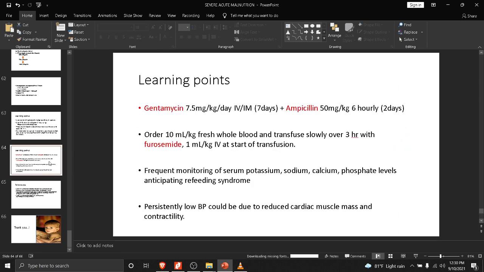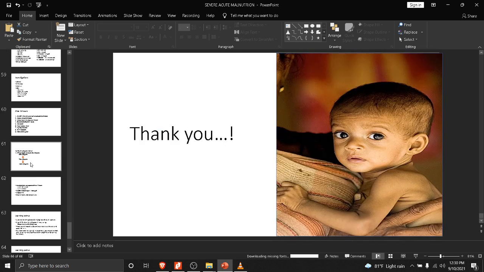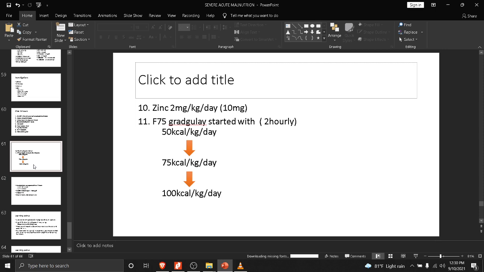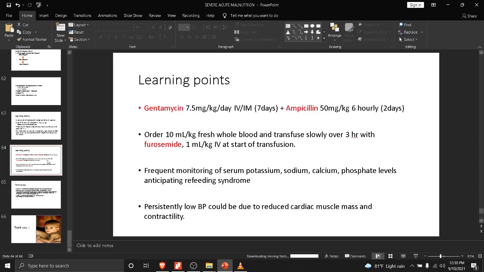There was difficulty in cannulation and taking blood in this case. The other thing was that the child had a persistently low mean arterial pressure, below 40. This could be not due to septic shock but sometimes because of reduced contractility of the heart, and in severe cases palpitation can be there. In this case, the child's blood pressure didn't pick up at any point, even with adrenaline.